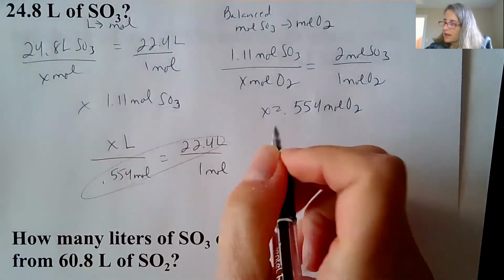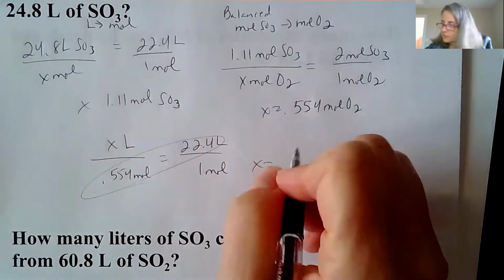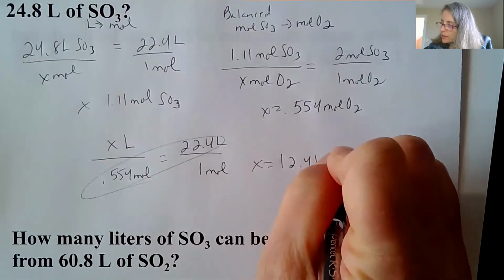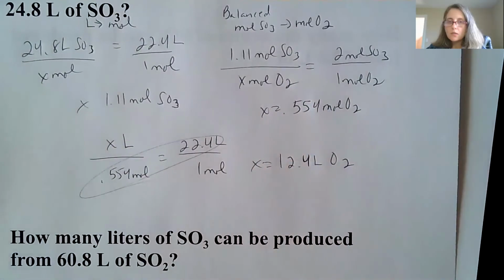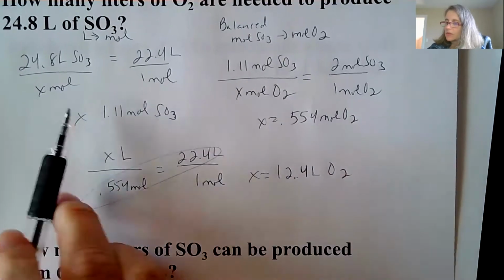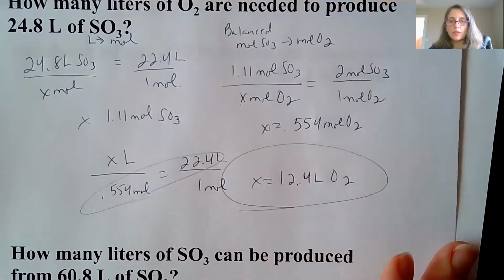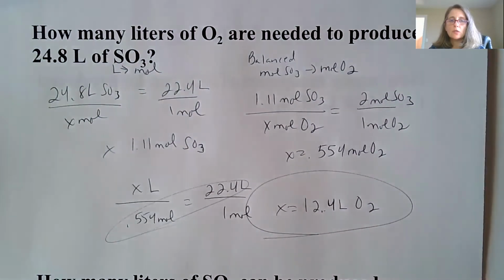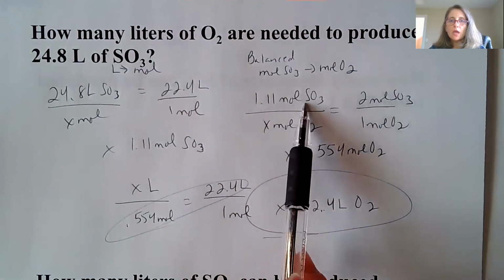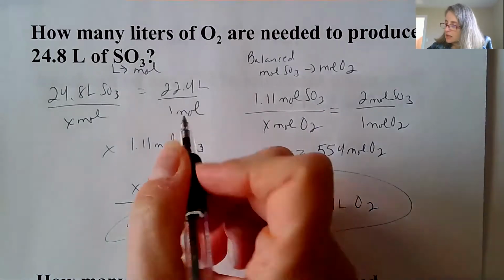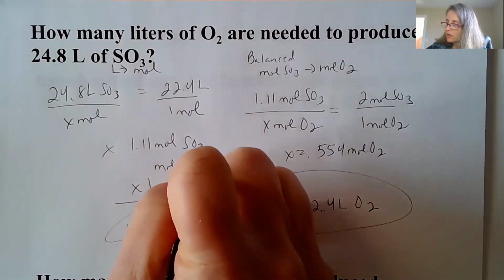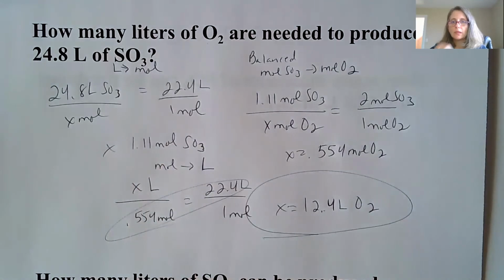So I cross multiply, my X comes out to be 12.4 liters of O2. So again, this is called a liter to liter problem because I started with liters and I end with liters. This is my final answer with 3 sig figs. So you do 3 steps. You convert to moles, you use the balanced chemical equation, and in this last step, I'm converting moles to liters.